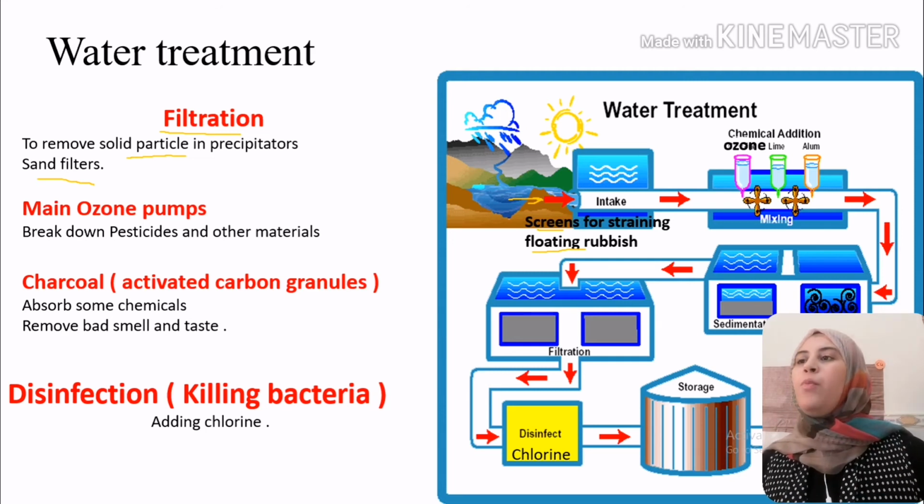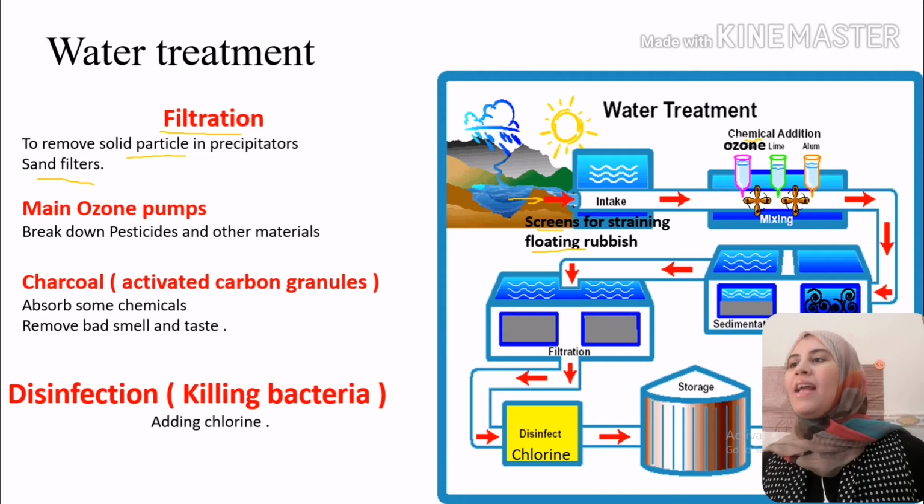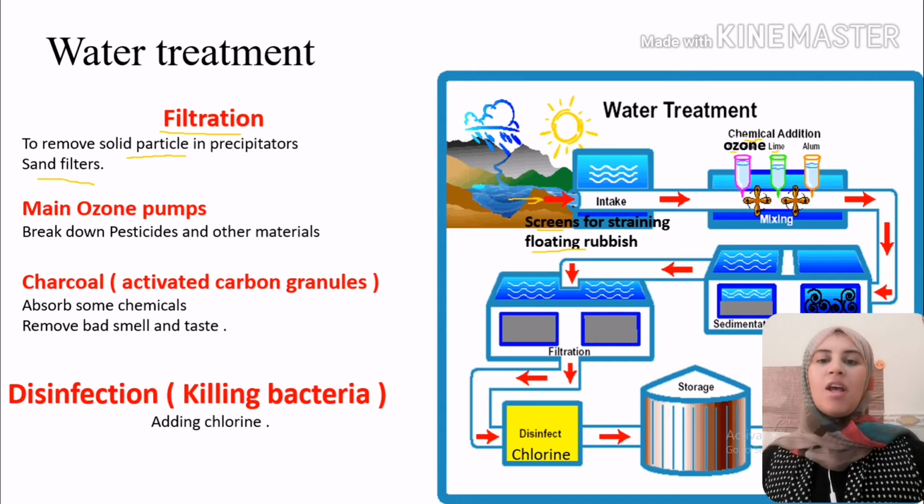In the next step, we will add chemicals like ozone, lime, and alum. All of these are compounds used as coagulants, and we also use them to damage the structure of any pesticides in our water.